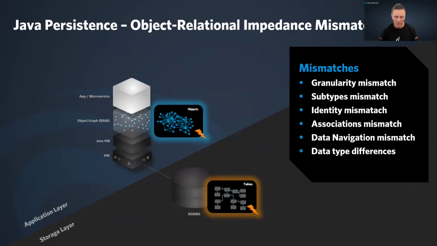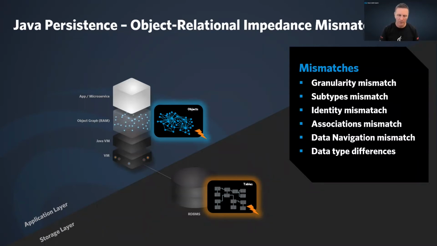So we have various mismatches here because of the differences between Java as a programming language and the relational model. And also the in-memory model of Java works completely differently from relational databases.